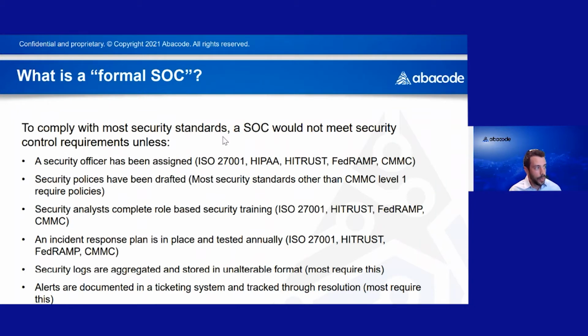So security analysts have to be aware of the overall security of the organization and their own security credentials, making sure that they're not being phished, making sure that they understand the secure access practices for accessing the SIEM and things like that. So they have to be guided by security policies.